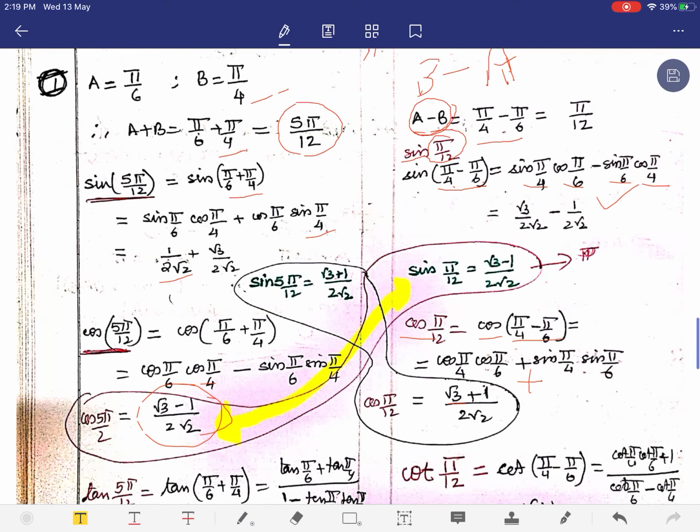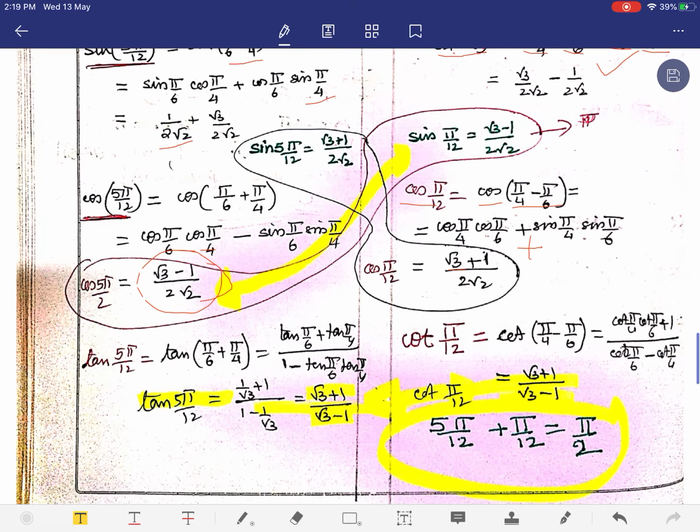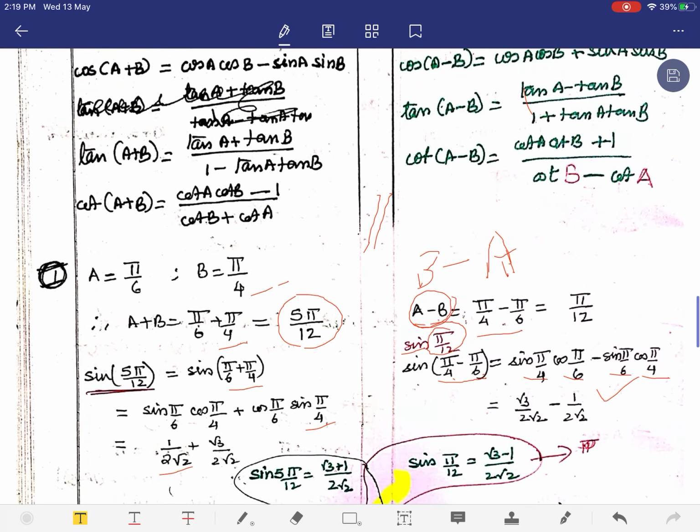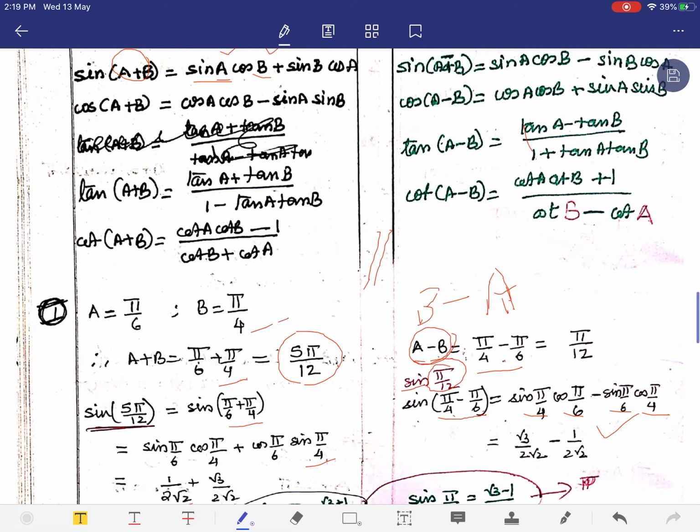I have taken a few more ratios, like here I have taken cot of pi on 12. Cot of pi on 12 is cot of pi on 4 minus pi on 6. Again, cot b minus a is cot a cot b plus 1 upon cot a minus cot b.